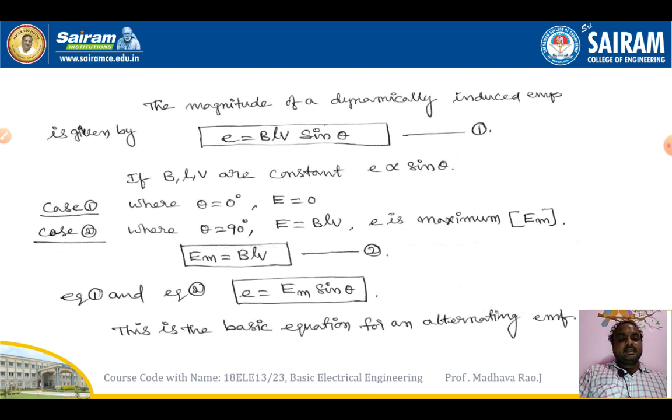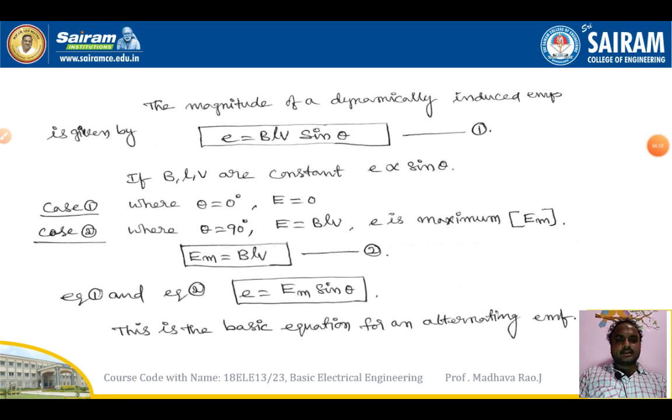When theta is 90 degrees, perpendicular to the magnetic flux lines, e is equal to BLV, so e is maximum. So Em is equal to BLV, and we can write e equal to Em sin theta, substituting Em in place of BLV. This is the basic equation for the alternating EMF.